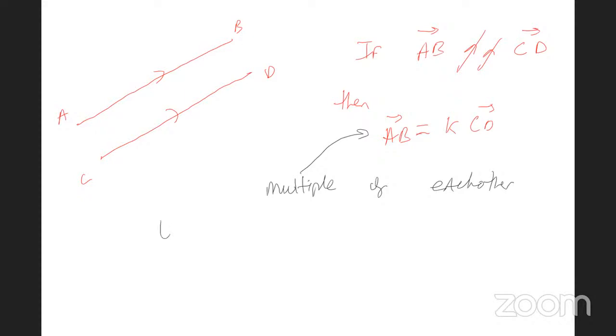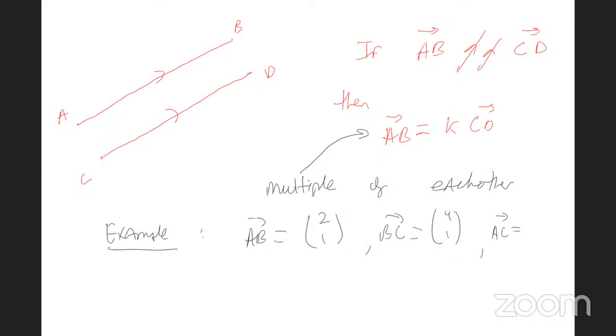All right, quick example here. Let's say I gave you three vectors. AB is (2, 1). I gave you the vector BC, which is (4, 1). And I gave you the vector AC, which is equal to (8, 4).